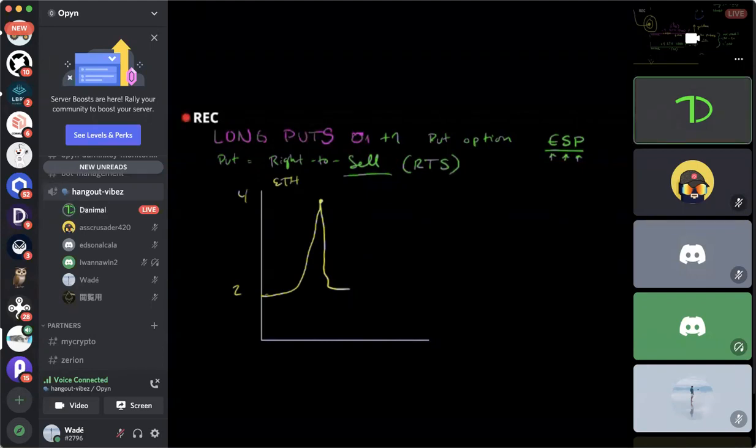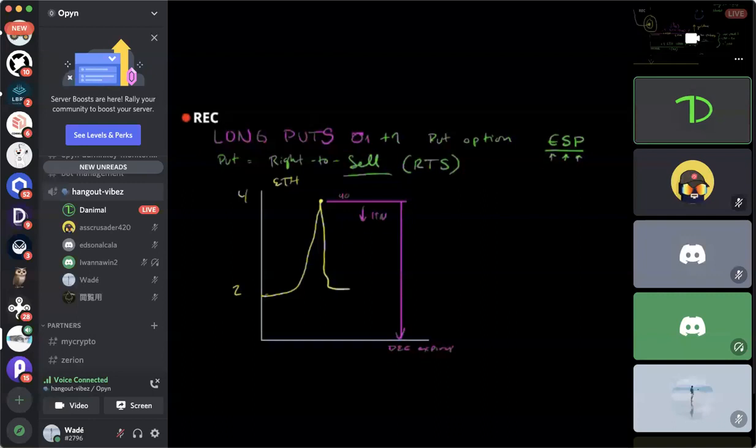You could have purchased a 4K put at this point in time. Let's say you purchased it all the way until December. It expires at this date in December. And Ethereum went down, your option became deeply in the money, right?